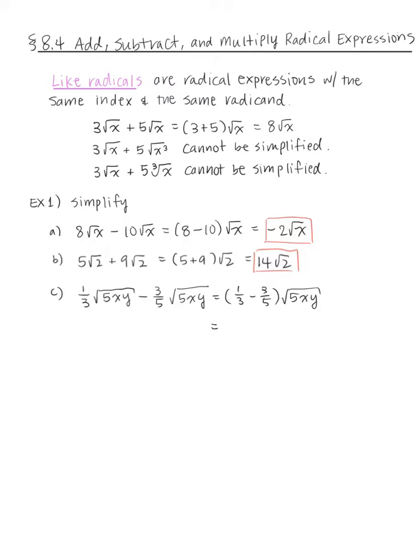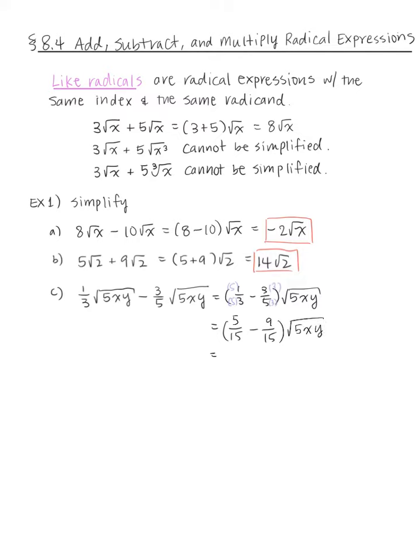If I combine what's in the parentheses, the least common denominator will be 15. So that means I need to multiply this one by 5 and 5, and that one by 3 and 3. So what we're going to get is 5 over 15 minus 9 over 15 and the square root of 5xy.